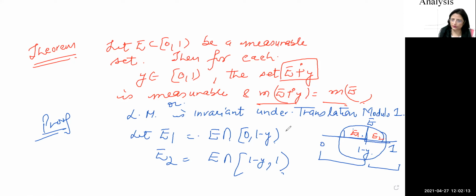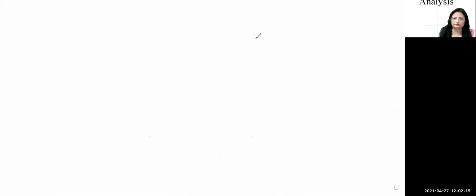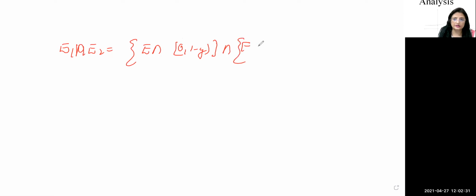Now we will find their union and their intersection. So E1 intersection E2 is equal to E intersection the interval 0 to 1 minus y, intersection E intersection 1 minus y to 1 open interval, right? So E intersection is coming again and again, so you can write it in one go.